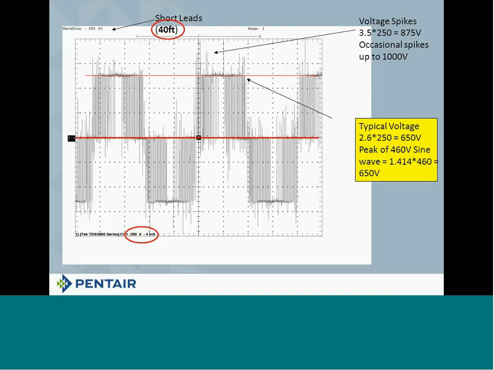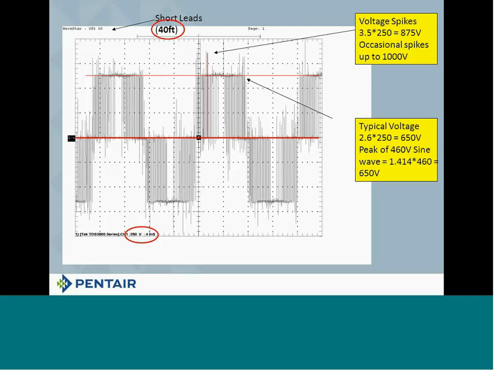So if this is what we're getting, big deal. But notice what happens. You can get a spike in there every once in a while that is going to be 3.5 times the voltage. So now we're up to 875, and we're really pushing the limits on that standard motor. So this is why on a 40-foot cable, a premium efficiency motor is best.